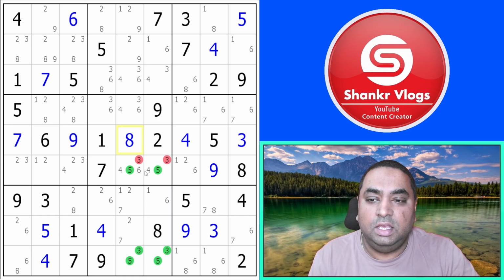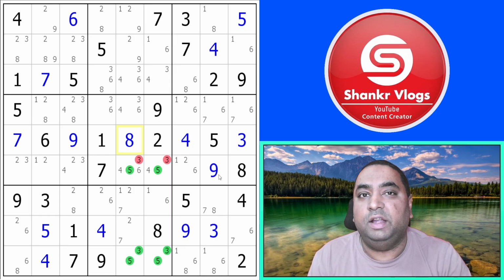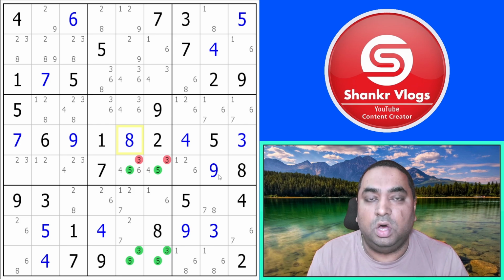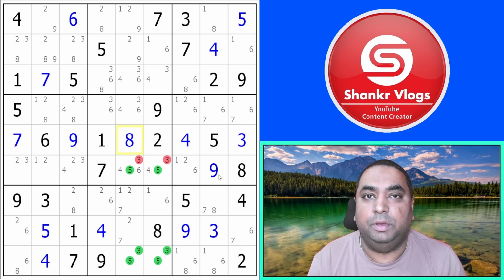As we can see here, 5 forms a conjugate pair in this row. Here in the type 4 rectangle, we see which UR candidate forms a conjugate pair. After seeing which candidate forms a conjugate pair, the other UR candidate can be eliminated. Okay.